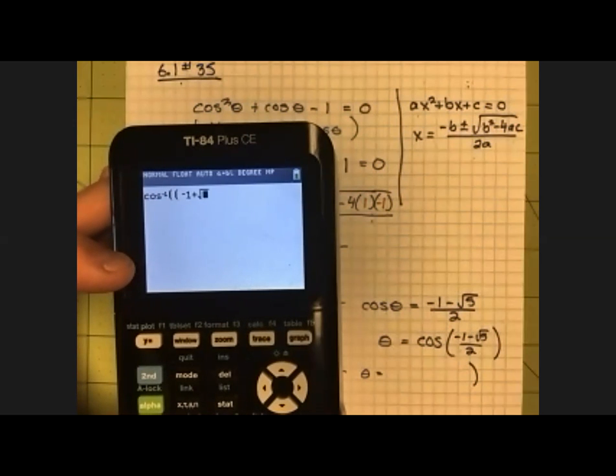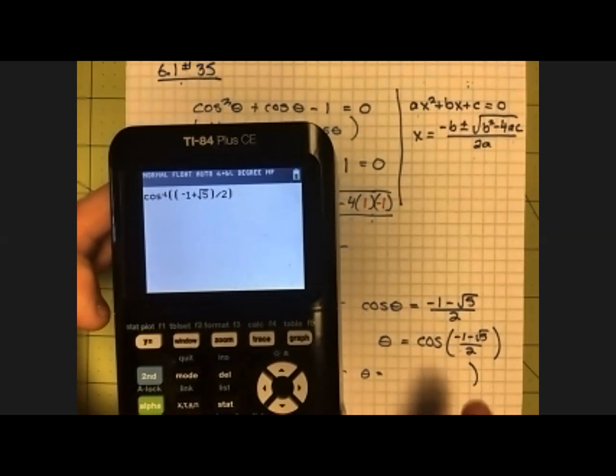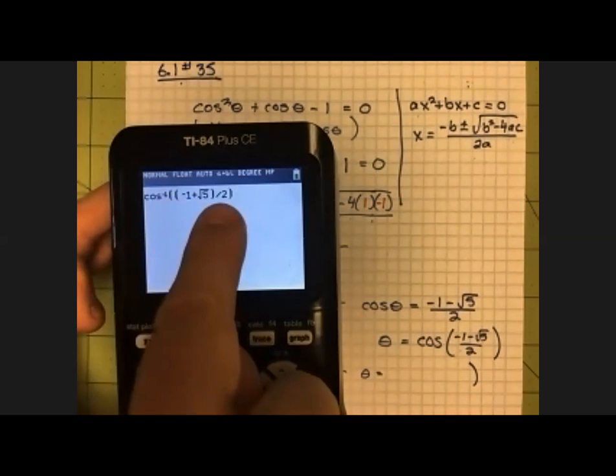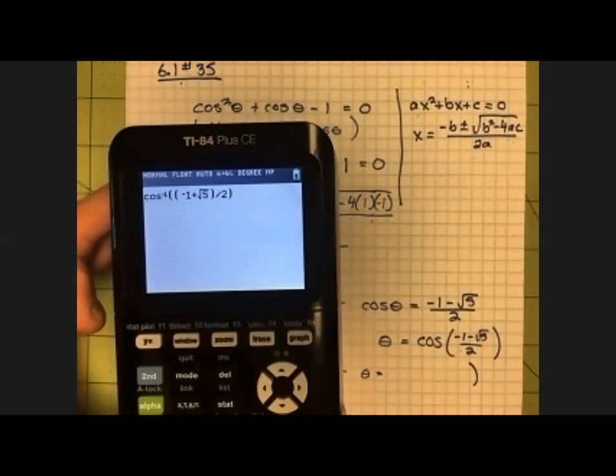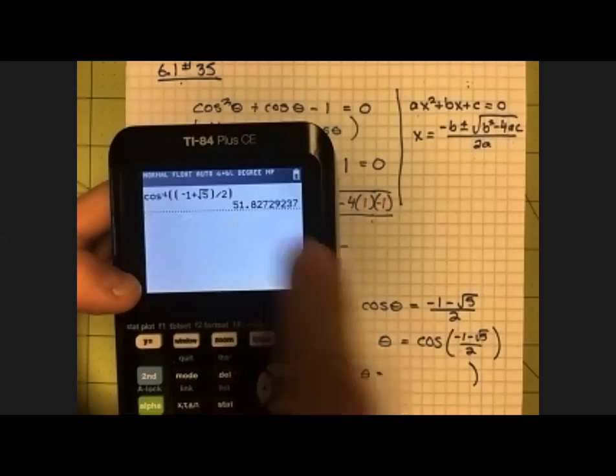Make sure you're using the proper number of parentheses. That's the numerator. And divided by 2. So after you did all the good work, it's kind of worthless if you type this in wrong. So make sure you type that in exactly as it's written, and the calculator here makes me type it on a straight line. So 51.8 degrees.